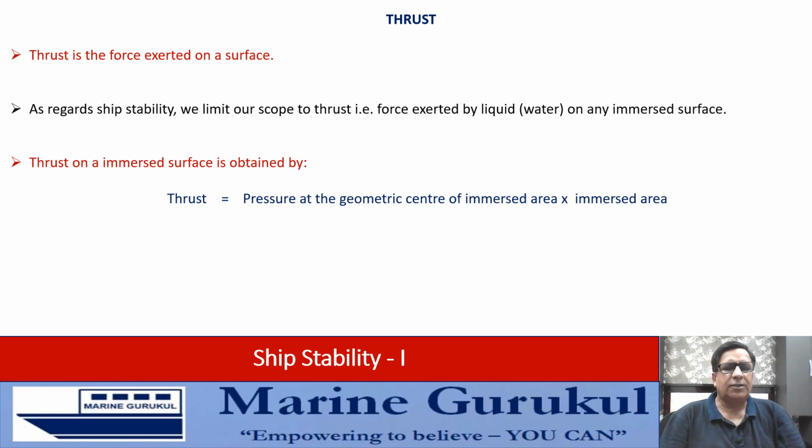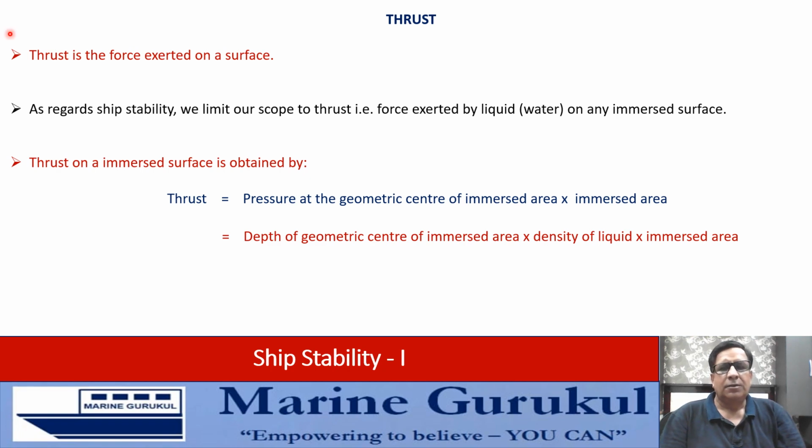What will be the pressure at the geometric center of the immersed area? It shall be the depth of the geometric center of the immersed area below the liquid level multiplied by the density of the liquid. So these two terms here shall give us the pressure at the GC, multiplied by the immersed area. So thrust can be obtained by getting the pressure at the GC of the immersed area. That pressure shall be equal to the depth of the GC of the immersed area below the liquid surface multiplied by the density of the liquid.